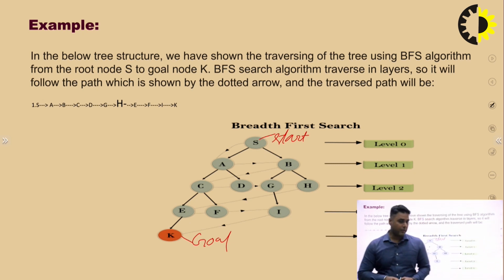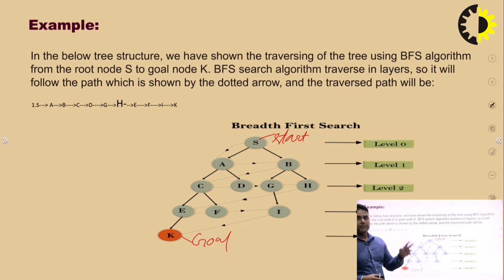As already mentioned in the previous slide, breadth first search uses a queue. Queue means first in first out.